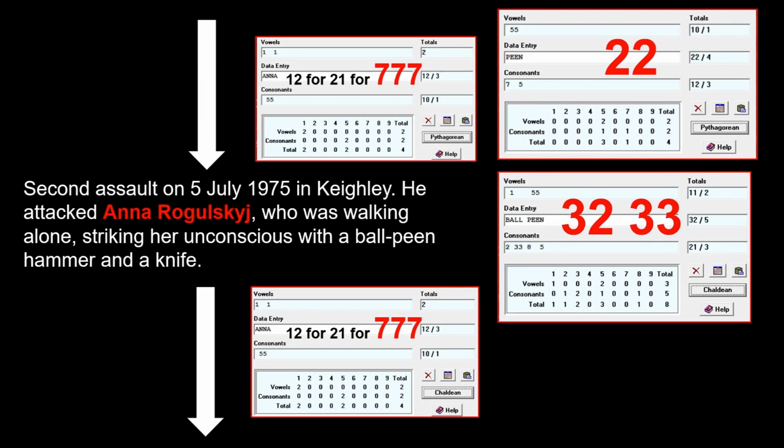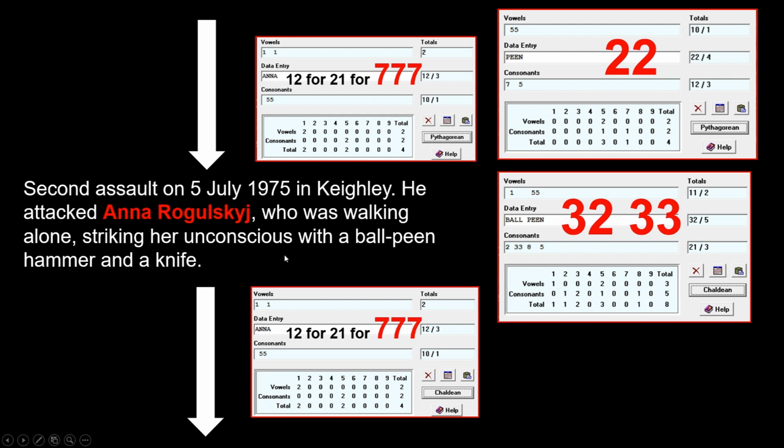Now his second assault was the 5th of July, so there's a 7 there, 5-7, and he attacked Anna Rigolski, whoever that means there, who was walking alone, striking her unconscious with a ball-peen hammer, and then he used a knife too, apparently.